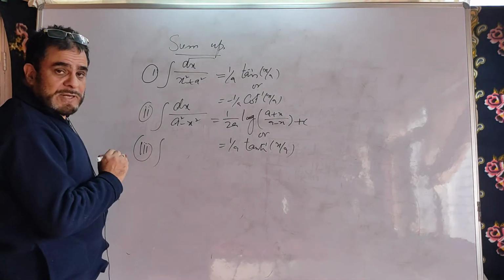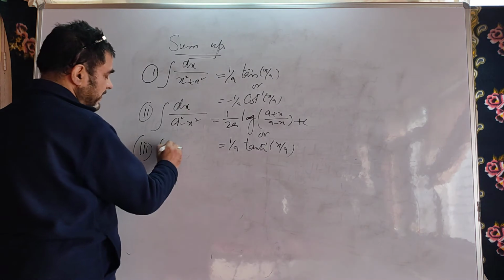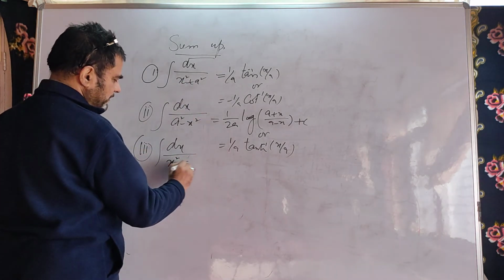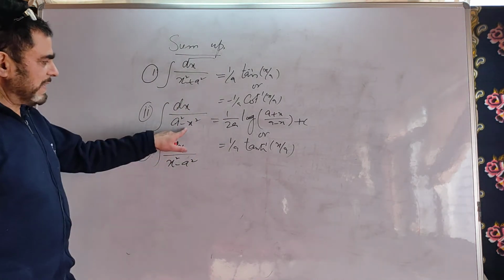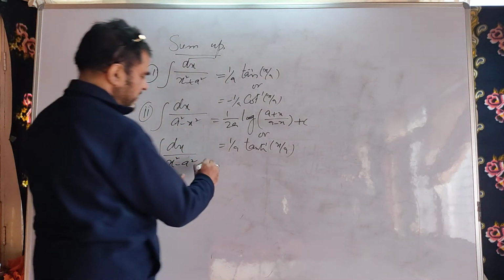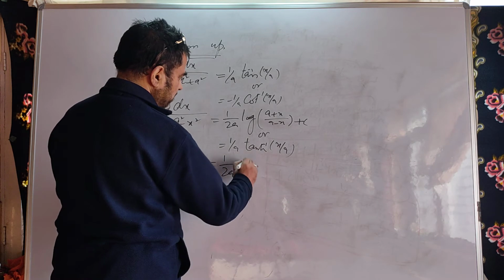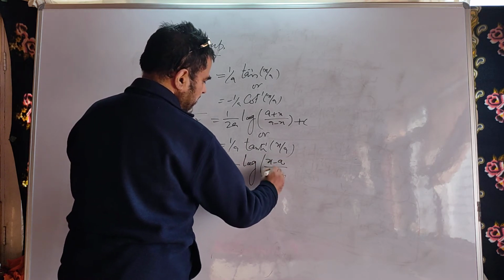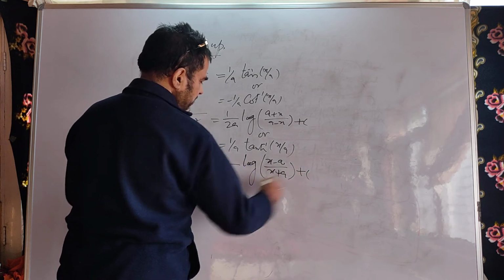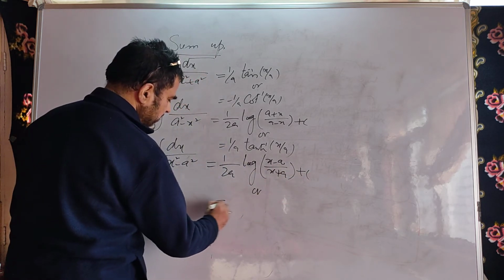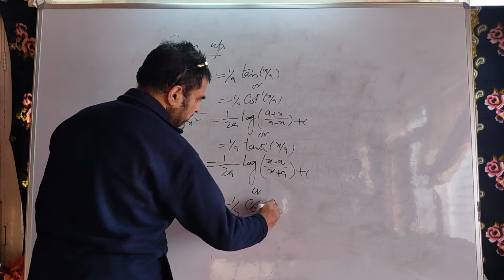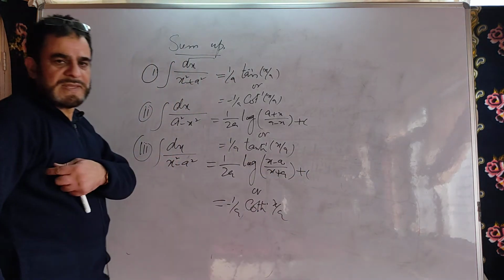You may come across a formula like this: dx by x square minus a square. It was a square minus x square, now x square minus a square. What is this? 1 by 2a log of x minus a by x plus a plus c, or you can write the same as minus 1 by a cot inverse hyperbolic x by a.